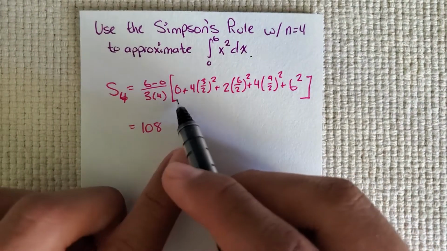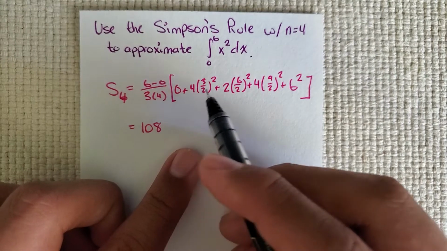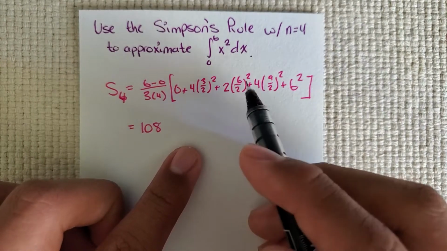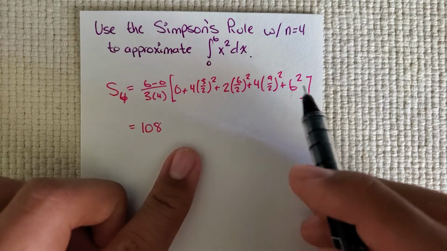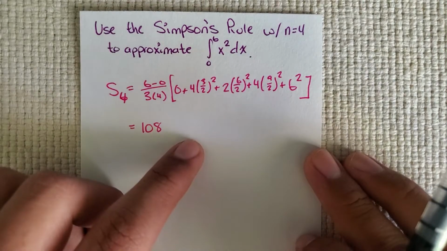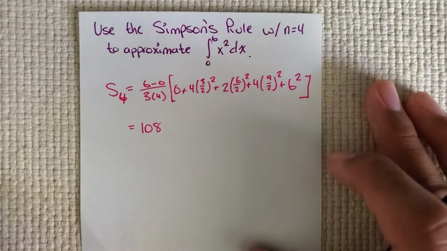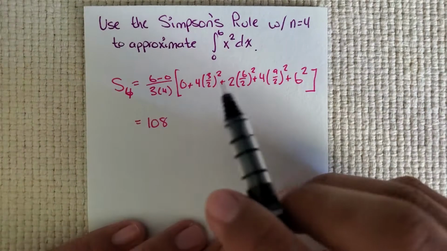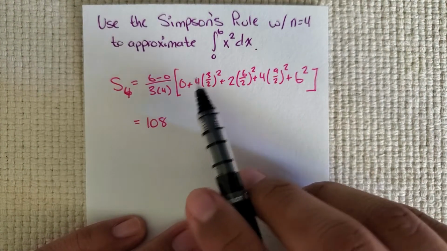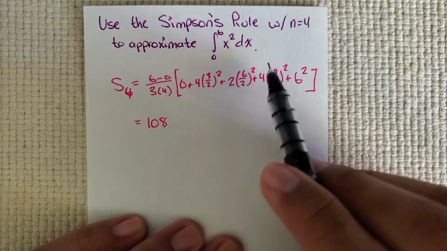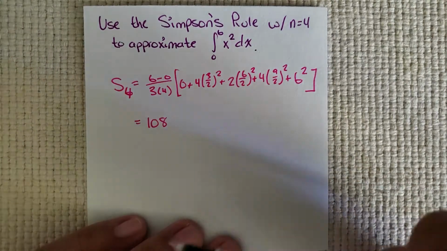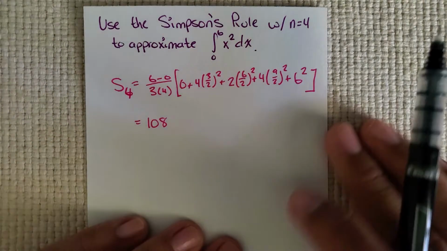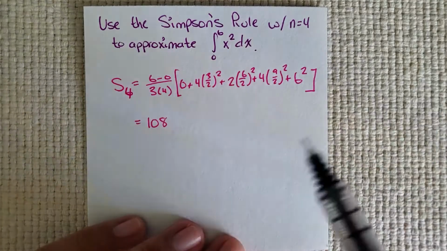And then you go back, and instead of multiplying by 2, you'd multiply by 4. Then you add 2 times whatever that function is, and so forth. Now, what makes this simpler is the fact that if you're doing this on a calculator, it doesn't take much effort to go back and change those values that you had before, thus making it easier to calculate Simpson's rule. And therefore you get this.